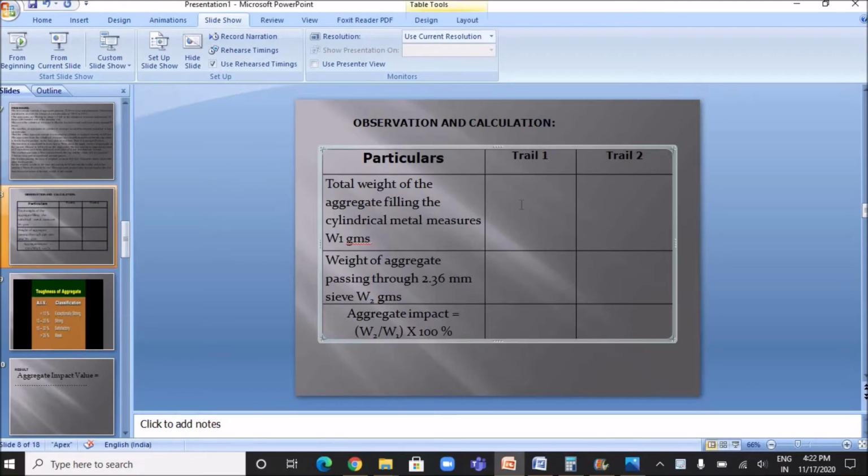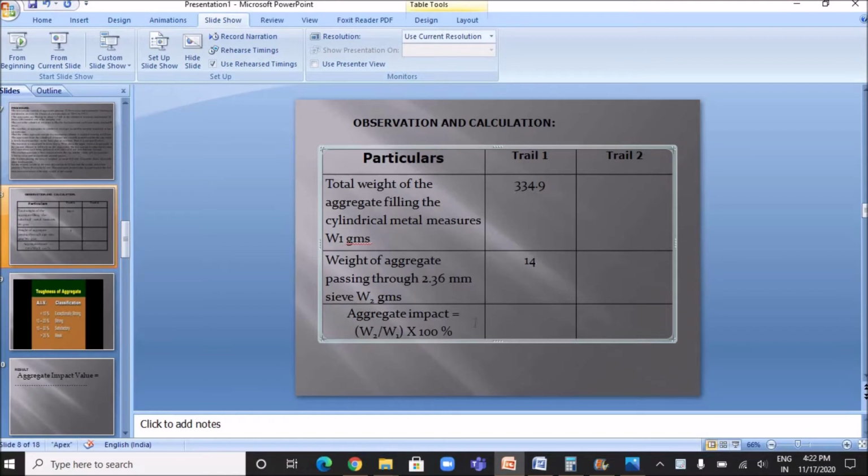For sample 1, the total weight of aggregate filling the cylindrical metal measure was 334.9 grams, and the weight of aggregate passing through 2.36 mm sieve was 14 grams.